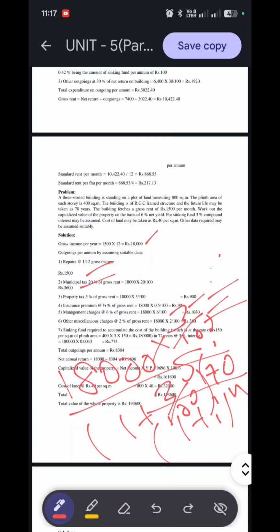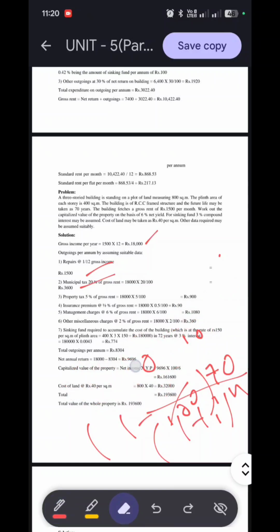So the value of I divided by (1 plus I) power n minus 1 is 0.0043. So S value 1,80,000 into 0.0043. Now the value is 774 rupees.